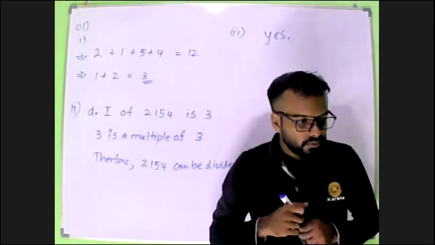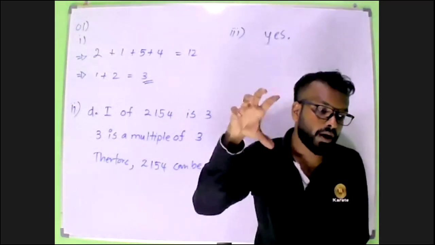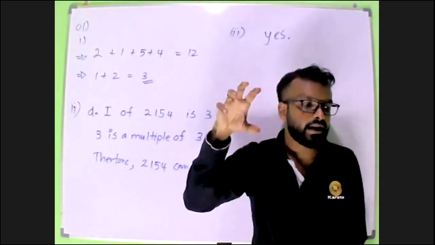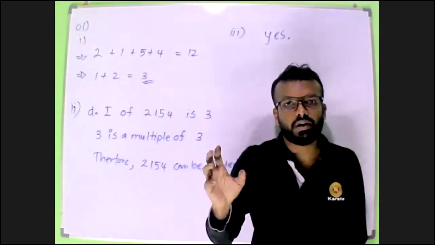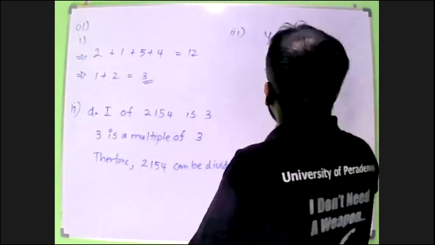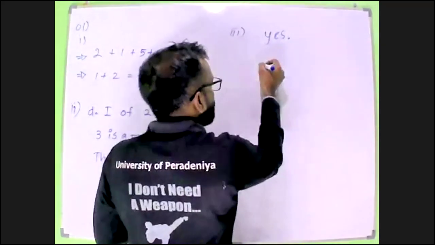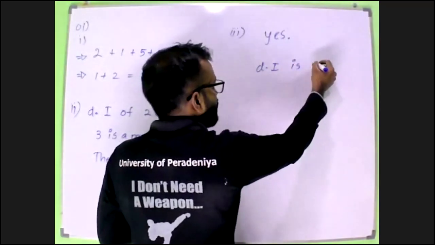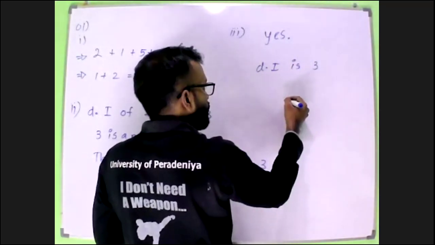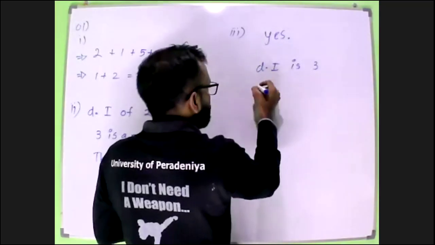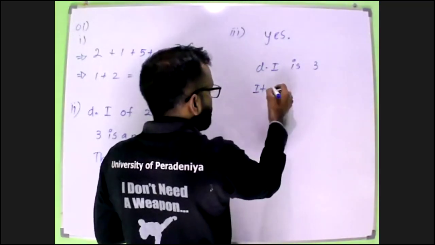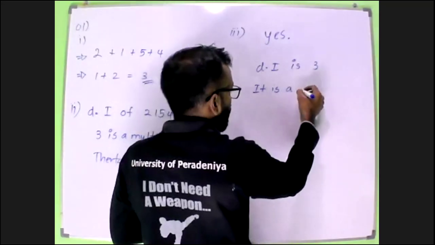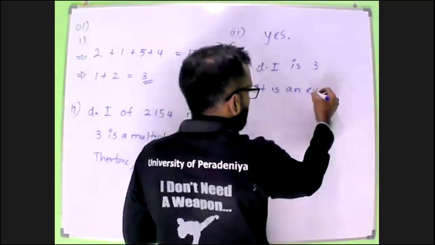Because the digital root is a multiple of 3 and it is an even number. So basically, your digital root or the digital index is equal to 3, and it is an even number.